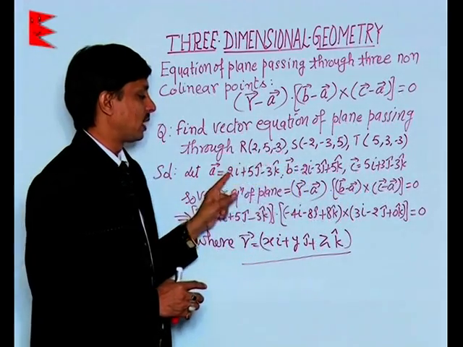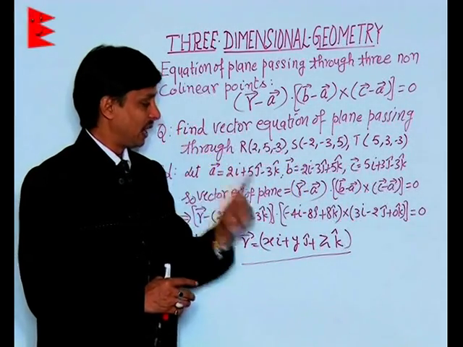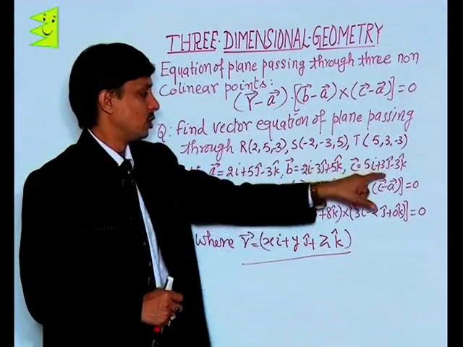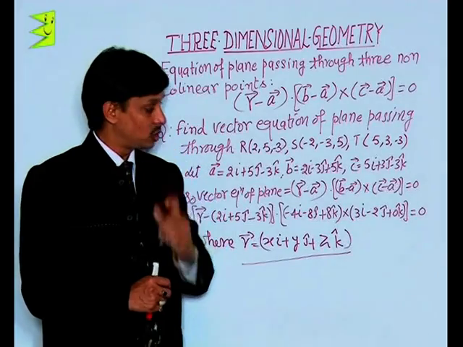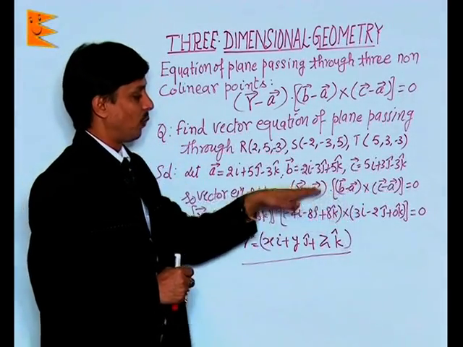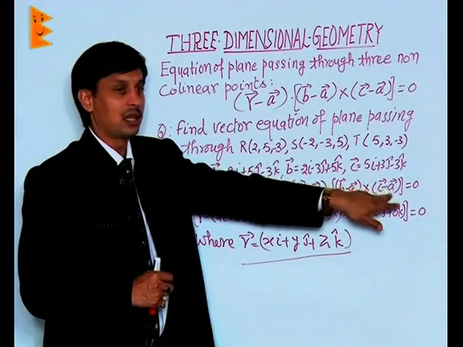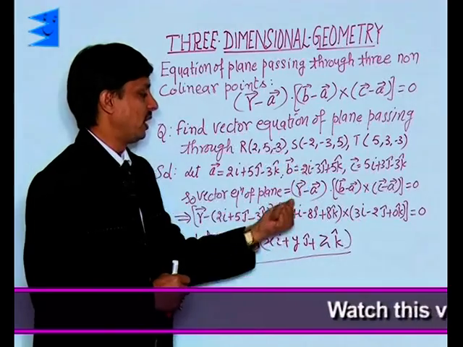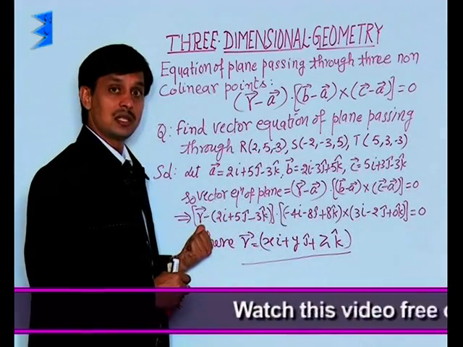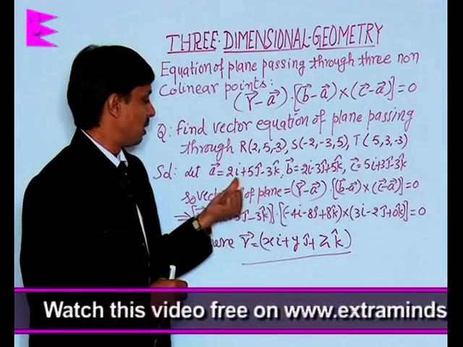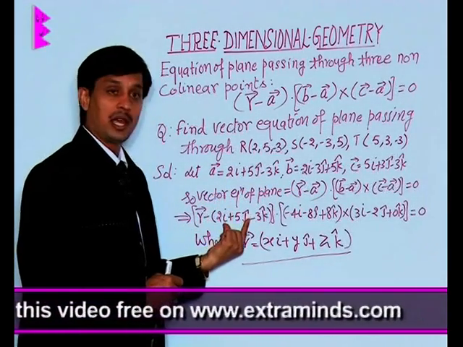Vector B minus vector A is minus 4i minus 8j plus 8k. And C minus A is 3i minus 2j plus 0k. Now putting the values of vector A, B minus A, C minus A, we will find R as the general vector xi plus yj plus zk, minus A means 2i plus 5j minus 3k.